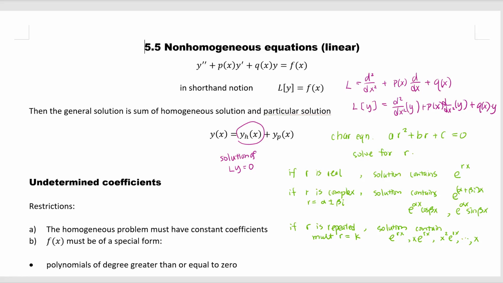Okay, so actually it's x to the k minus 1 times e to the rx. Okay, so this is when r is real, okay?